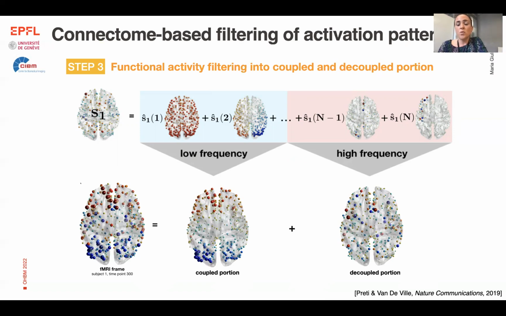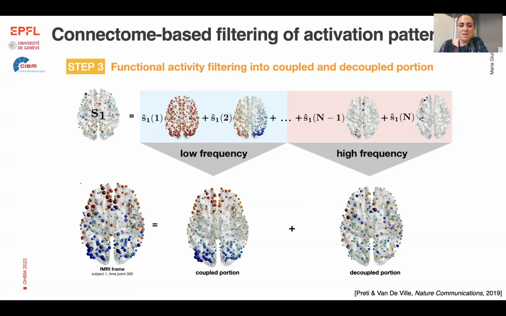You see that this corresponds to subdividing each fMRI frame into two portions, one low frequency portion and one high frequency portion. Since low frequency patterns were more coupled to the structural graph, the first portion we can define as more coupled, where the function is more coupled to the structure, while the second portion of the fMRI signal will be more decoupled.